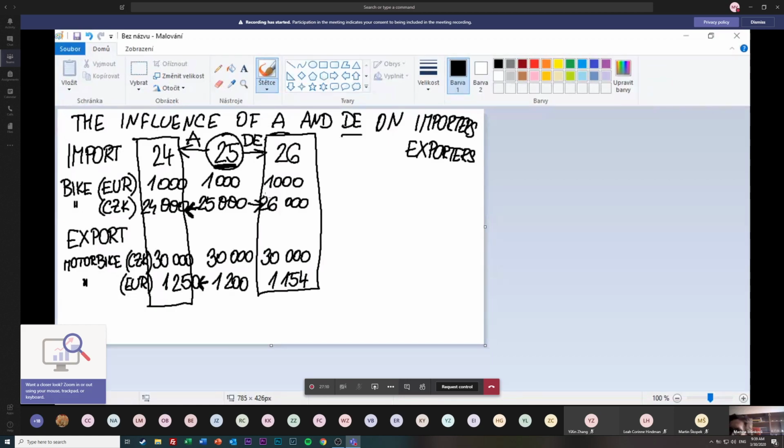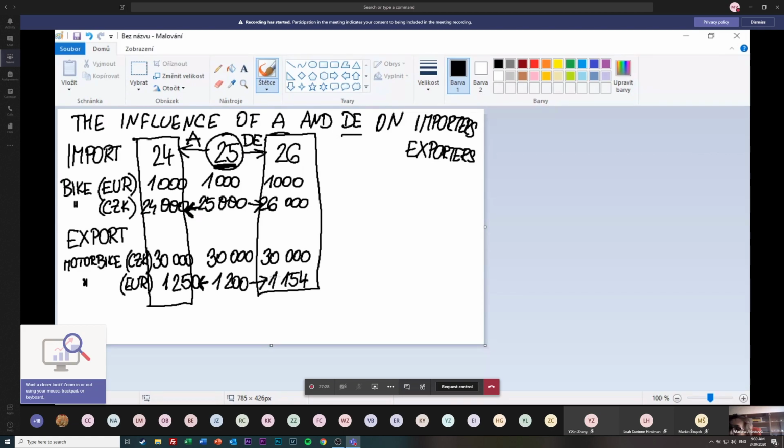So we will not import so much. So the imports will decrease. On the other hand, the price of our products abroad is lower, so it will support our exports.